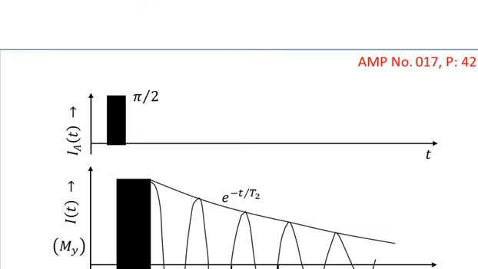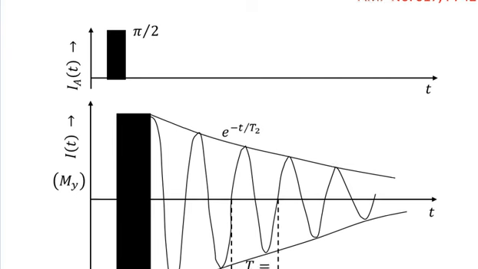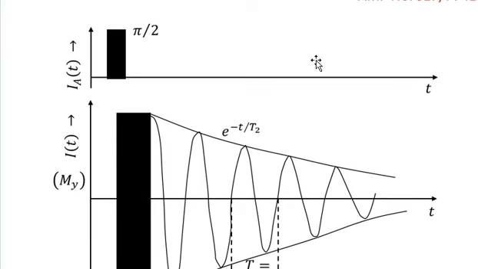You can see this is the pulse that we have applied, at an angle of pi by 2 with respect to the z axis. It could be along the x axis or along the y axis.